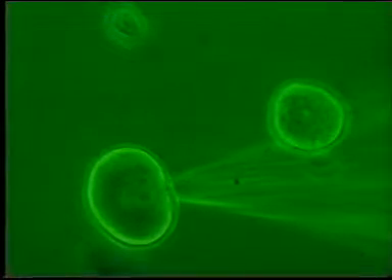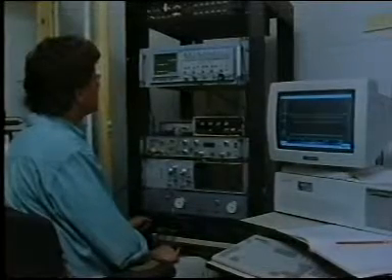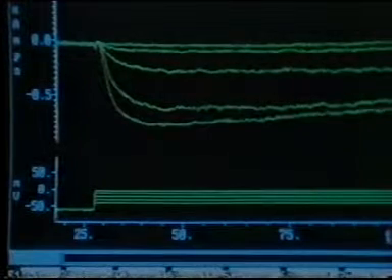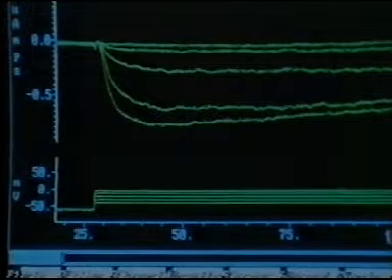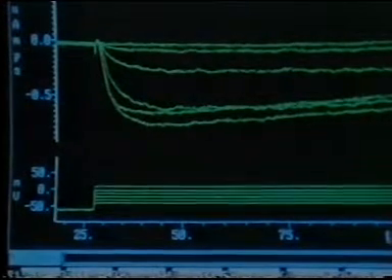Now the next trick is to just disrupt the area of membrane right underneath the pipette tip, and then you have contact between the inside of the pipette and the inside of the cell. And this allows you to record membrane currents flowing through the whole cell membrane, allowing you to both voltage clamp the cell membrane and record currents activated by drugs or by changes in the membrane potential.